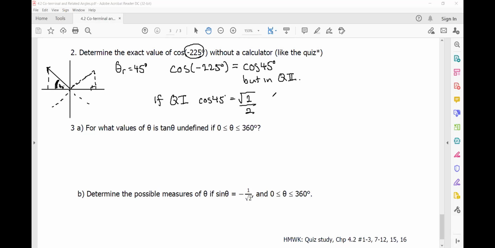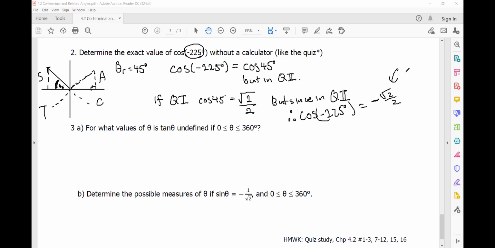But remember, since it's in quadrant 2 by CAST rule, C-A-S-T, sine is positive, so cosine must be negative. Therefore, cosine of negative 225 equals negative root 2 over 2.